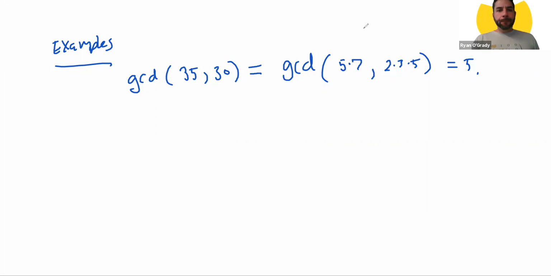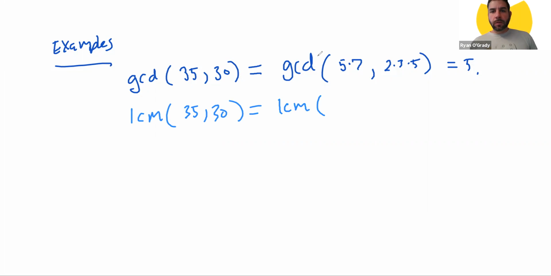Okay, so now, interestingly enough, what if we wanted the least common multiple of 35 and 30? Well, if we write this out, once again, this is 5 times 7, and then 2 times 3 times 5. And so the answer here is what?